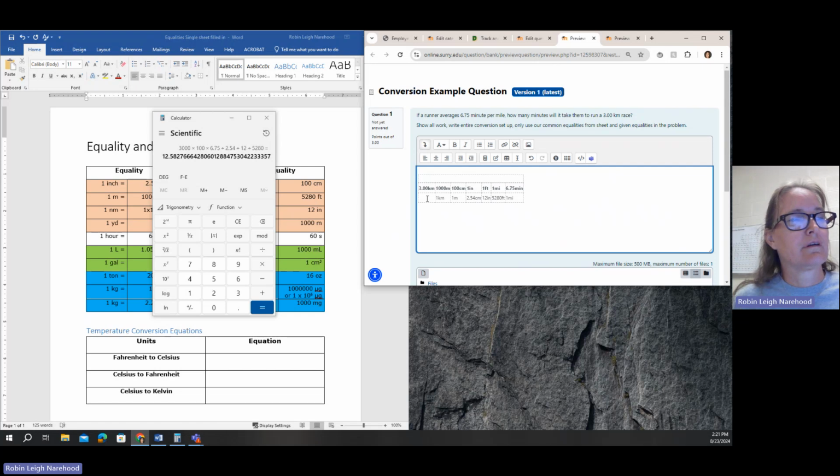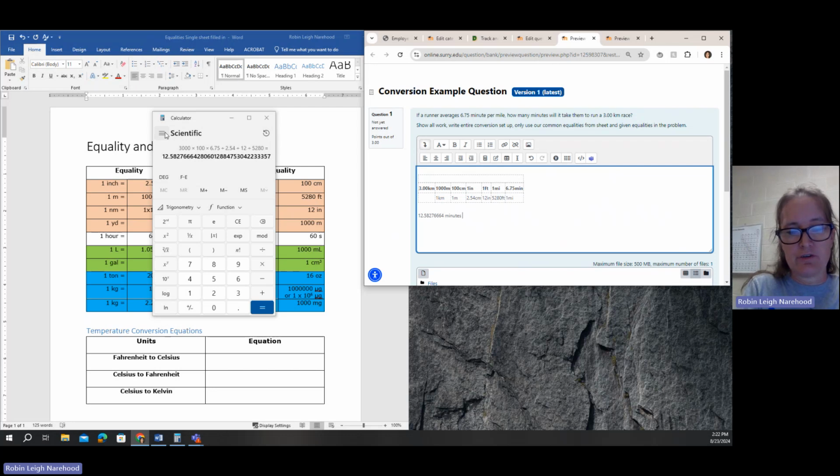The 3.00, the way I wrote it here, has 3 significant figures. So it's going to be the same answer because I used the same problem. And so I'm going to type the entire answer since I'm just going to show all my work. Okay, and that is minutes.